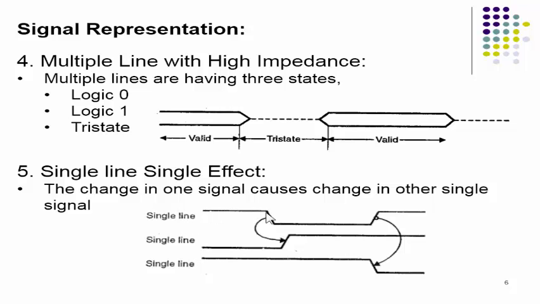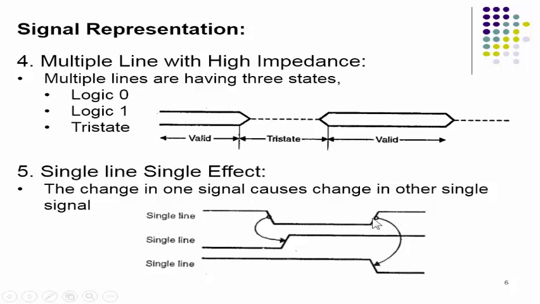In this timing diagram we can see three single line signals. The first single line is changing from logic 1 to logic 0, and due to this the second single line is changing from logic 0 to logic 1.